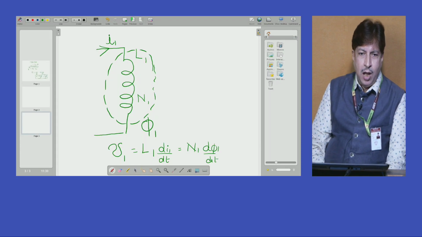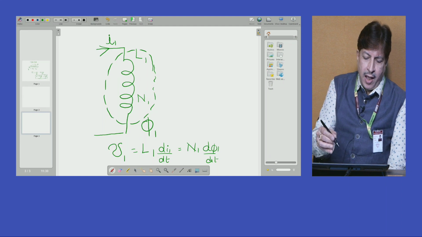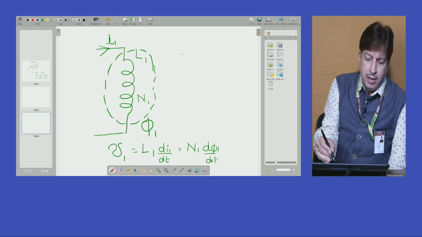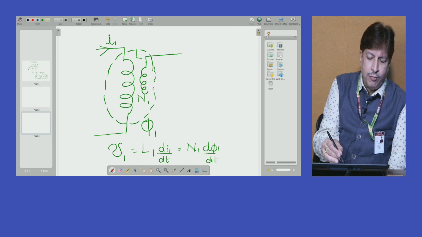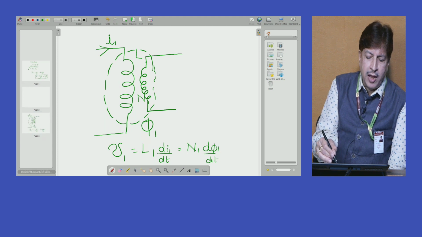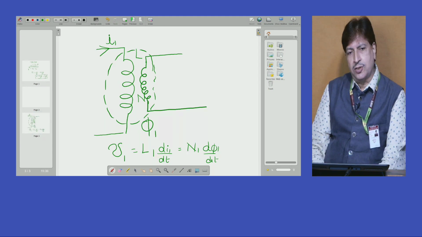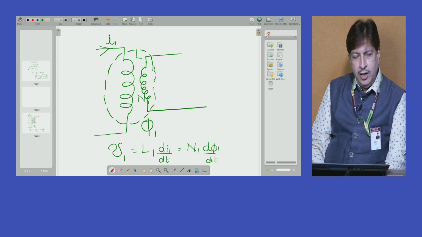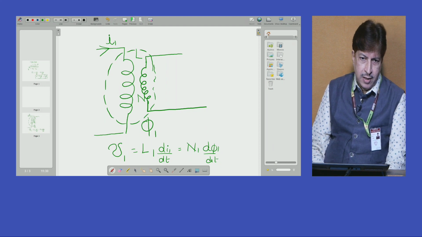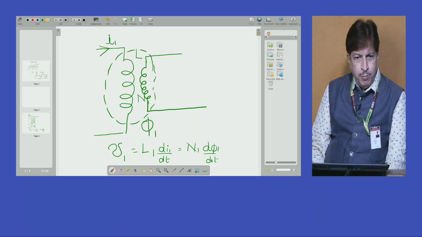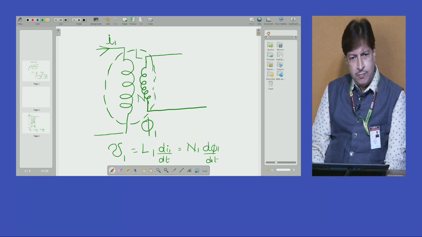Imagine I brought another coil into the vicinity of this magnetic flux like this. A coil is brought inside. But the point you need to observe here is there is no electrical connectivity between these two coils.